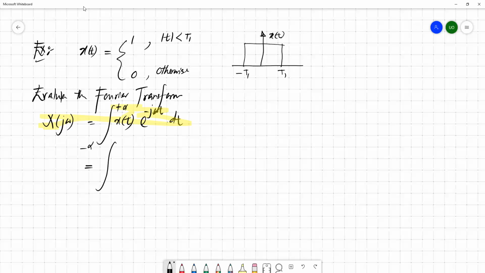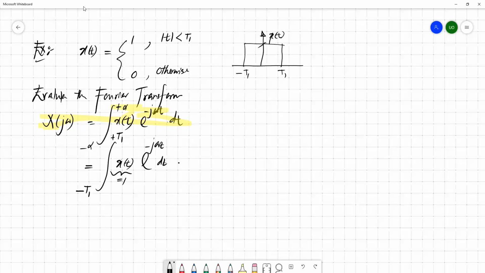So you can truncate this integral to minus T1 to plus T1. From minus infinity to minus T1 the functional value is 0, and similarly from T1 to plus infinity the functional value is again 0. In between these limits, minus T1 and T1, the functional value is 1. So this is the integral of 1 times e to the power minus jωt dt.